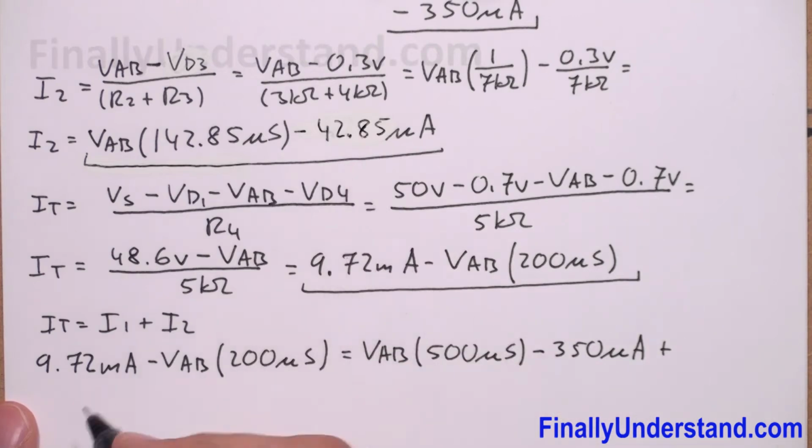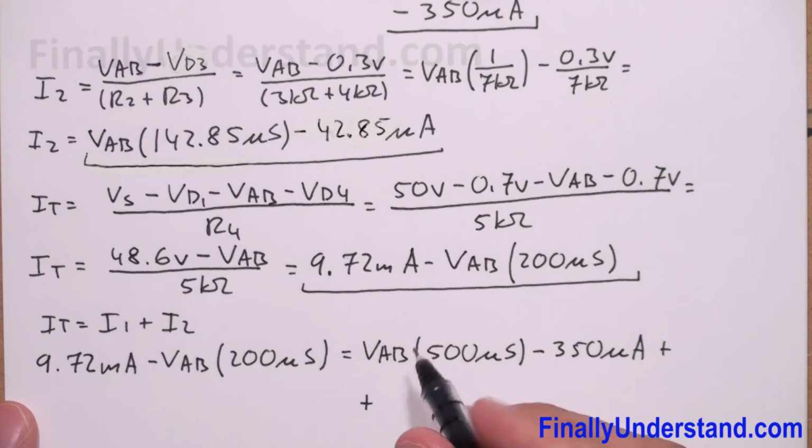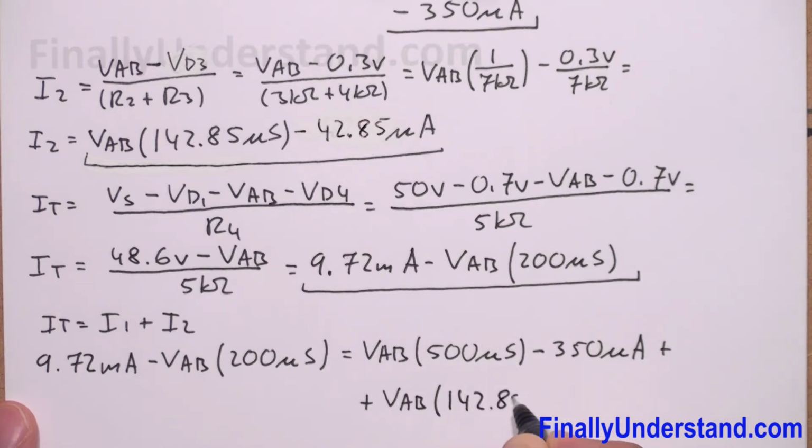So I have plus, let me write this down over here, plus VAB times 142.85 microsiemens minus 42.85 microamps.